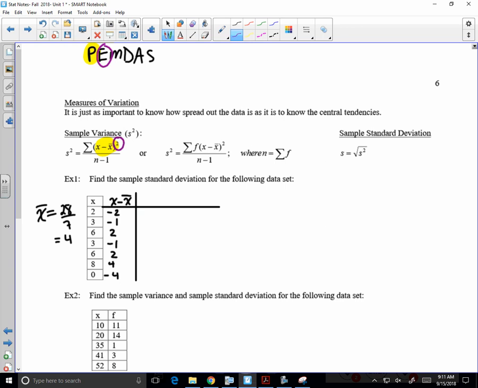I'm going to take care of the binomial squared. Now the reason why we're doing a binomial squared is because when we're looking for deviation, standard deviation is what we're going to end up looking for, but forget about standard. Just think about the word deviation. How far something is away from something else.